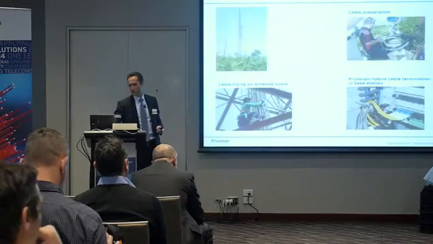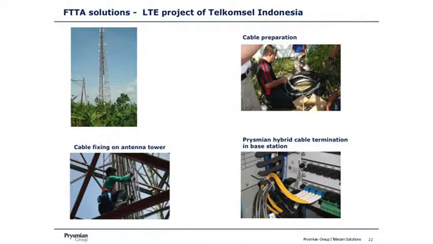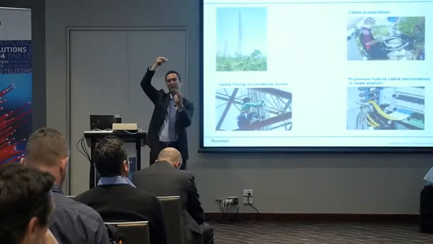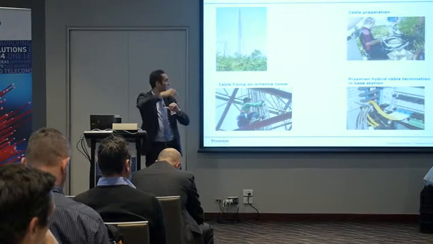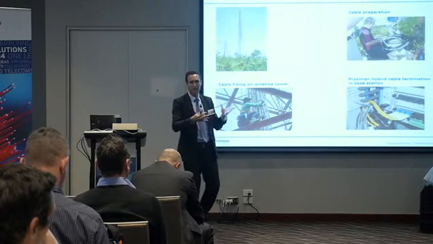We also won a project, Telkomsel in Indonesia, involving the equivalent type. So you see here the base station, duplex links, because this is a duplex connection from the base station to the remote radio head. So 2 fibers per sector, per remote radio head, with equivalent powering.